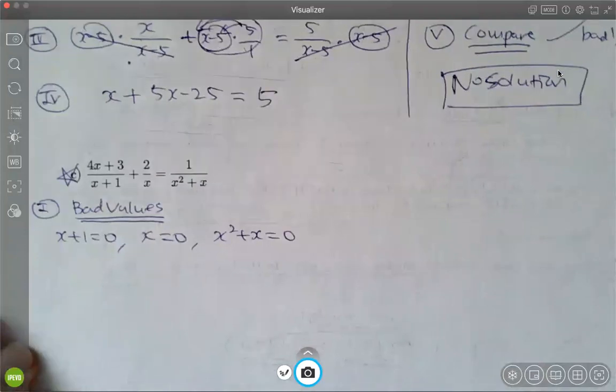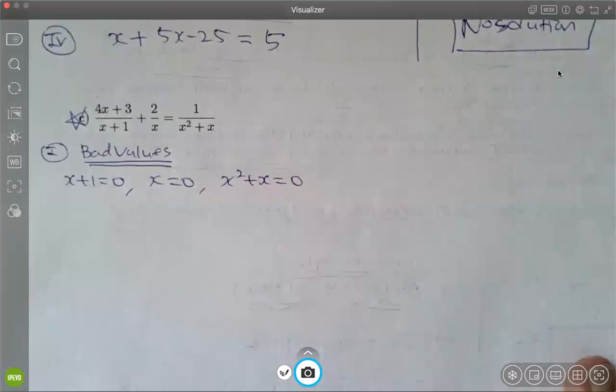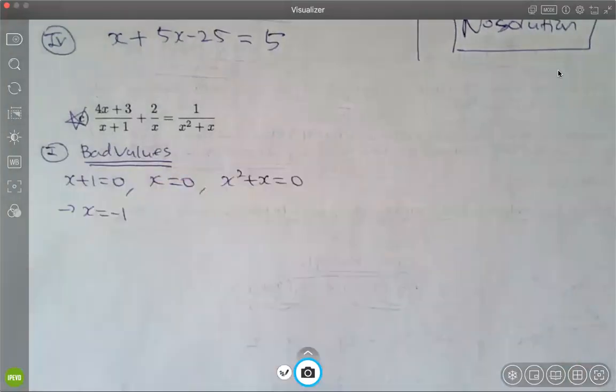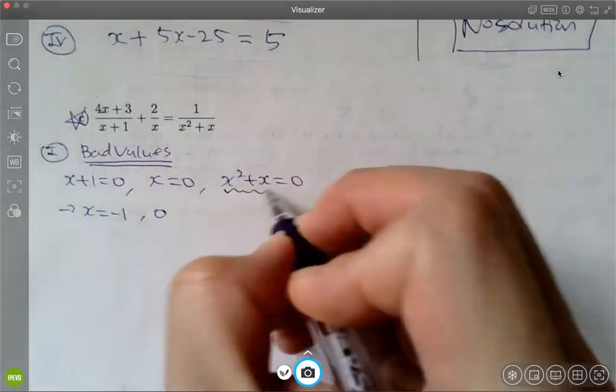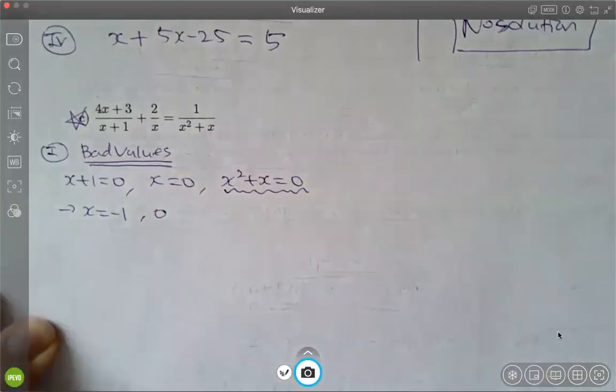Now the first equation is fairly easy to solve, right? Which is what? x is equal to -1. And now what about the second equation? Well, there's nothing to solve, so it's just 0. And now, how do you solve x squared plus x equals 0? Can we factor this?